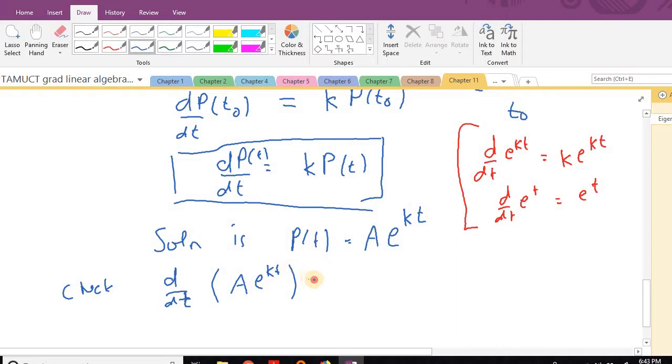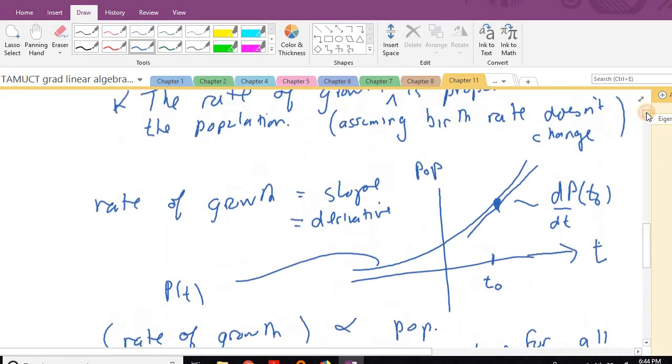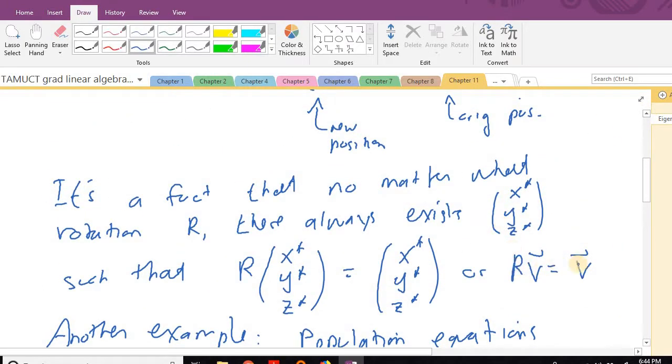All right, so this is going to be equal to k times a e to the kt. So that works. Now look at the form here. What I have is the derivative applied to p is equal to k times p. See how similar that is to the one I had up here, Rv equals v.